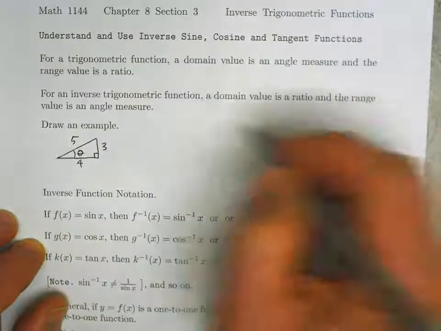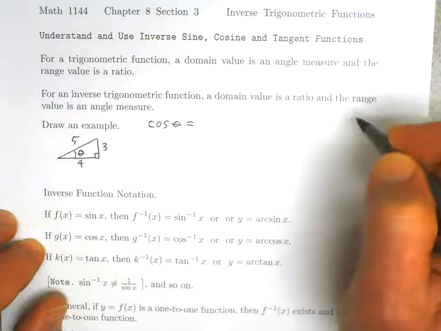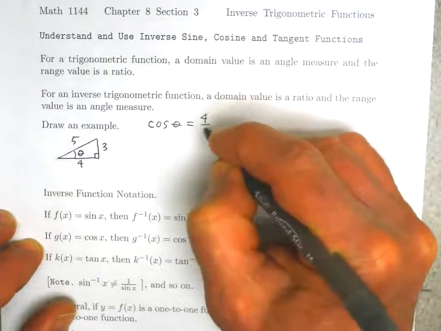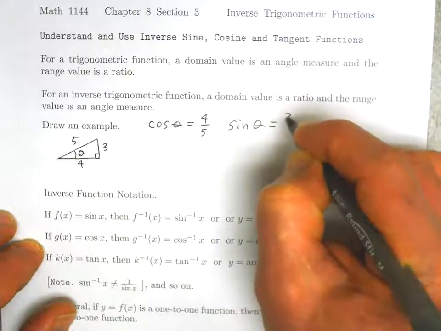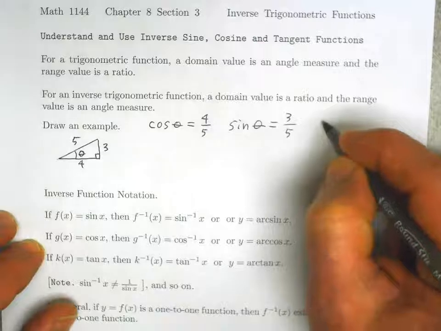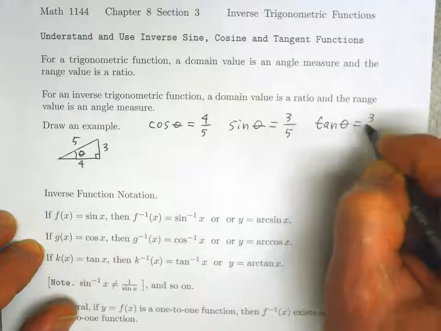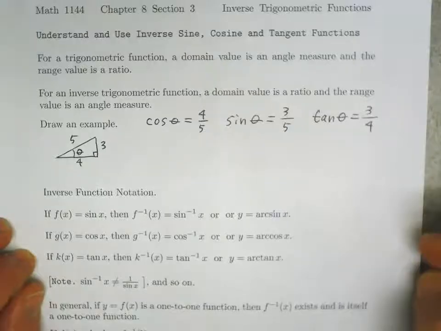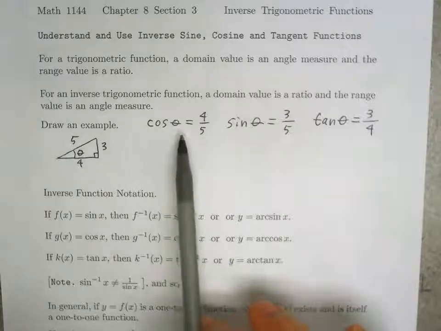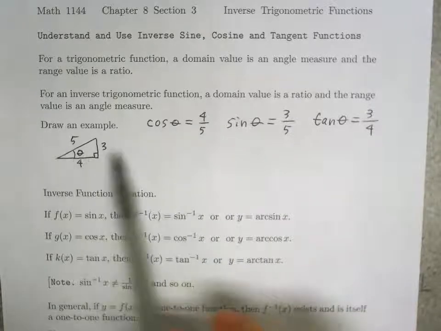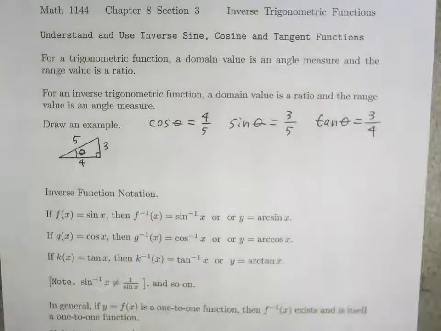So we can write that the cosine of theta is equal to 4/5, and the sine of theta is 3/5, and the tangent of theta is 3/4. So for each of those, cosine, sine, and tangent, the domain value is an angle measure, and the range value is a ratio of numbers.